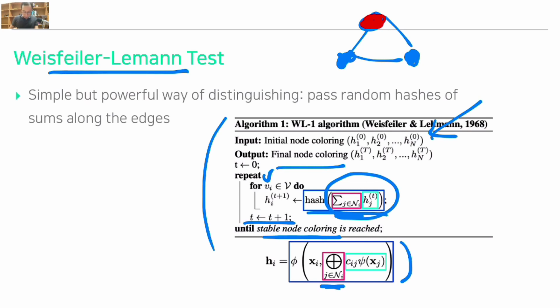From the colors of the neighbor nodes, we concatenate the colors and combine with its own color, and we assign the new color. To assign the new color, we use the hash function.